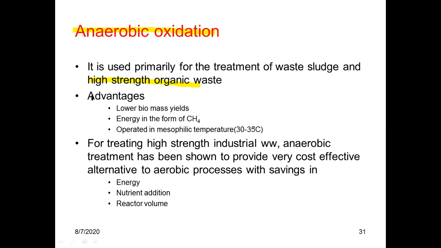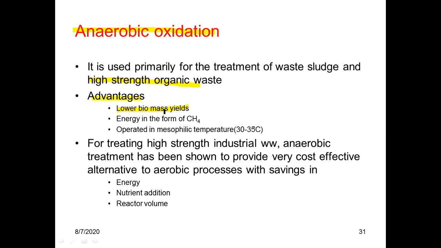And there are advantages. It has lower biomass yield. From anaerobic oxidation, the residue of the sludge is very small compared to aerobic oxidation. After the aerobic oxidation process, that means after the aeration tank, trickling filter, RBC, there should be a secondary clarifier to treat the sludge.